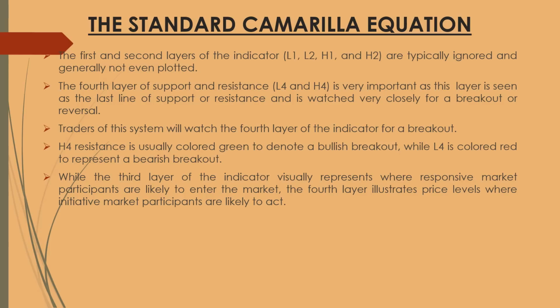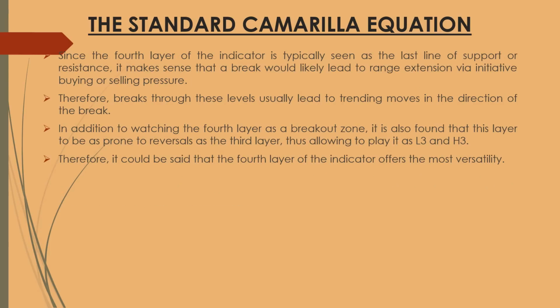Since the fourth layer of the indicator is typically seen as the last line of support or resistance, it makes sense that a break would likely lead to a range extension via initiative buying or selling pressure. Therefore, breaks through these levels usually lead to trending moves in the direction of the break.